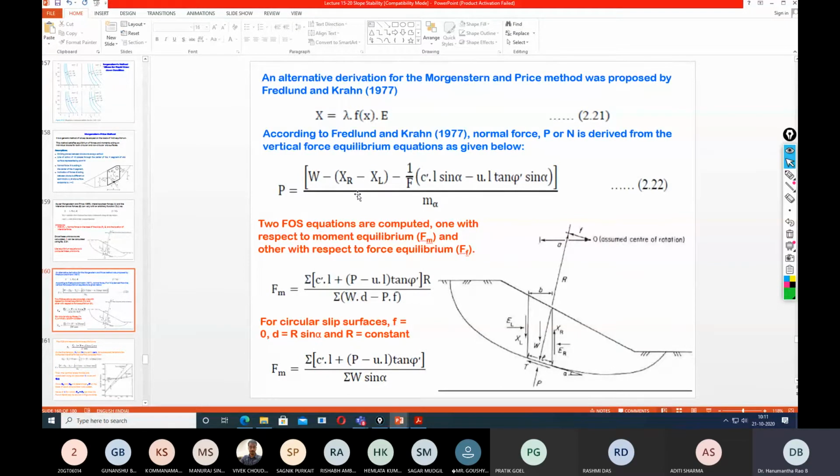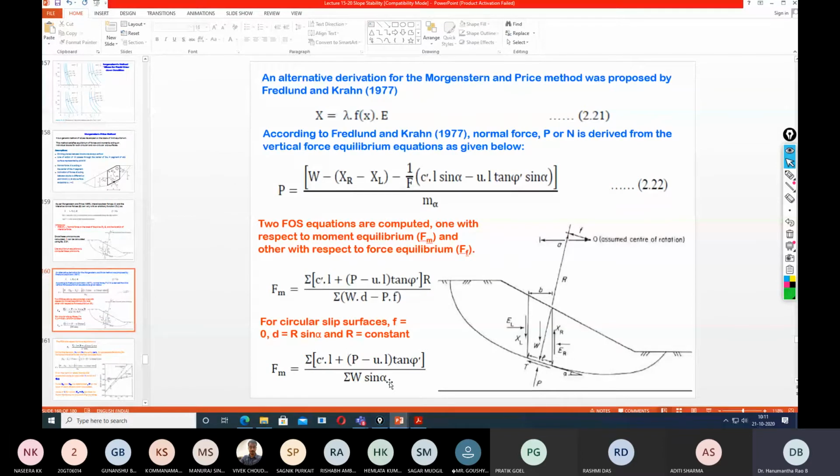Now they went one step ahead to define the factor of safety in two terms. One is with respect to the moment equilibrium and another is with respect to the force equilibrium. Okay, so this is the form of moment equilibrium, the moment equation for a non-circular slip surface. While if you want to convert this equation to be valid for the circular, then these are the assumptions you have to make, and this will be transformed to the circular slip surface.